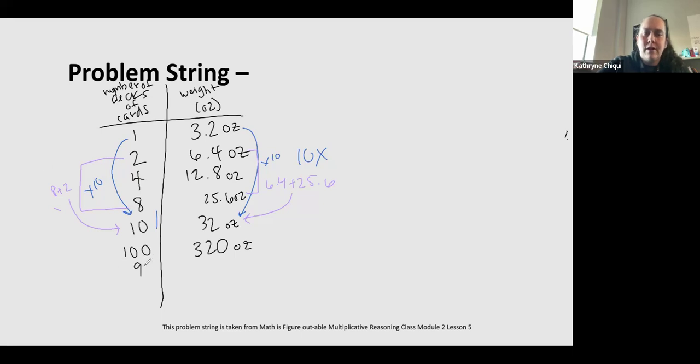What about 99 decks of cards? How much would 99 decks of cards weigh?